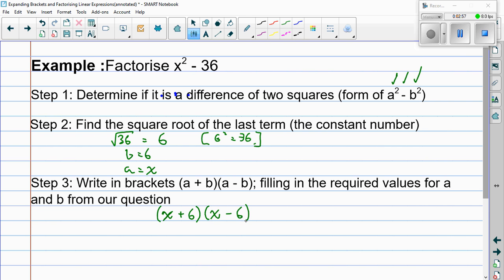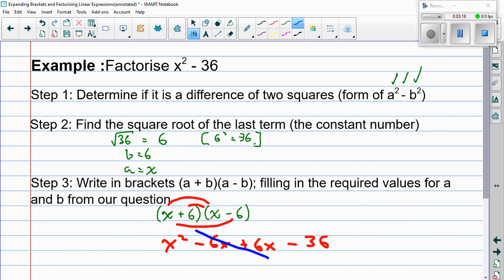And you can always do a little check by expanding. So x squared, negative 6x, plus 6x, minus 36. And you can see that our two middle terms are going to cancel. So we'll get x squared minus 36.